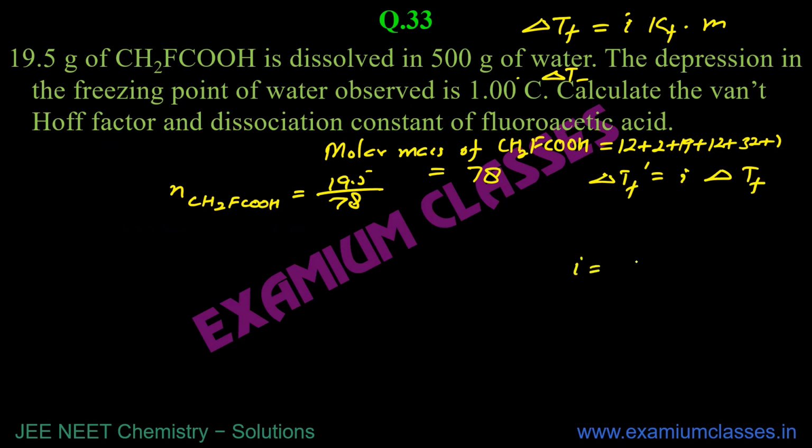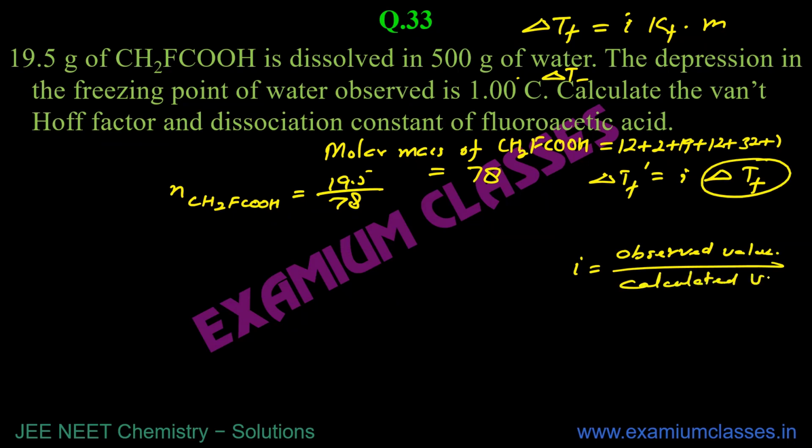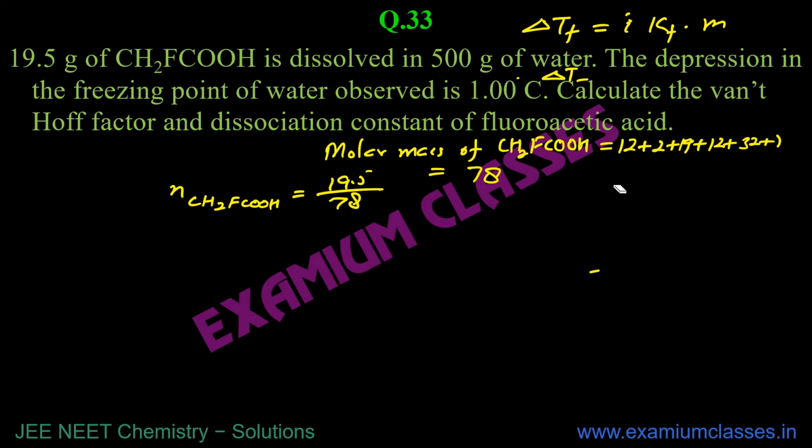From here you get I equals to this: delta TF dash is the observed value, and this delta TF is the calculated value. So same thing. But I suggest you use this formula when it is given in that form. Here you should not get confused and you should use the formula directly to get the value of I. If there is any confusion, just let me know.